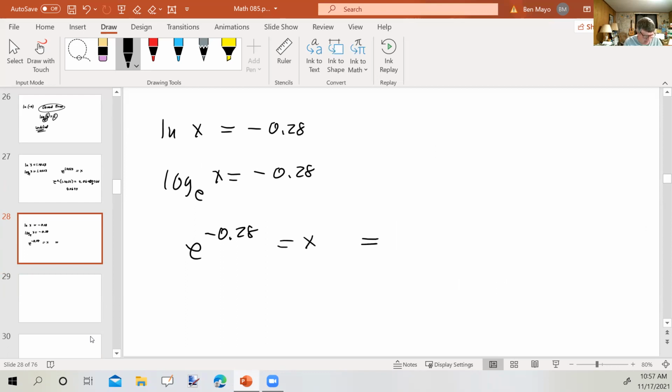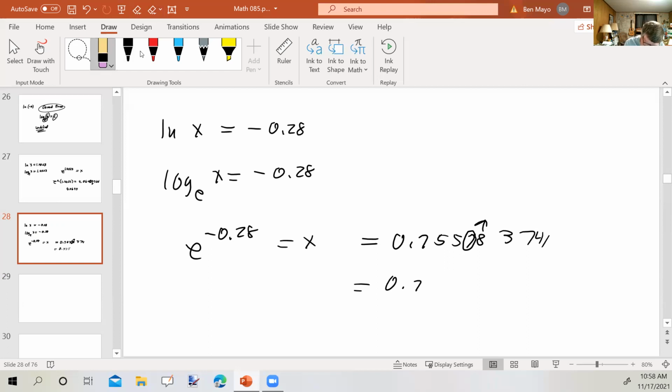And on the calculator, e to the negative 0.28 power, I'm getting 0.7557833741. This is the 4th decimal place. The 8 rounds up, 0.7558.